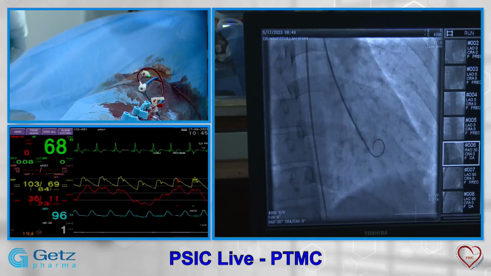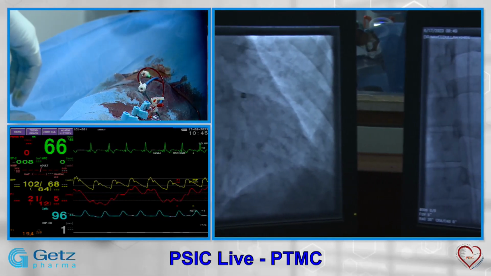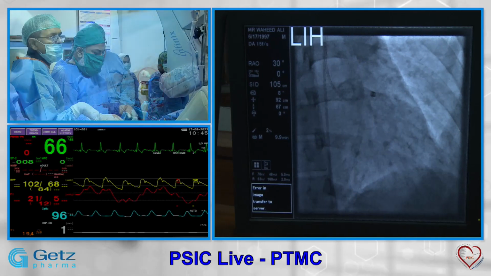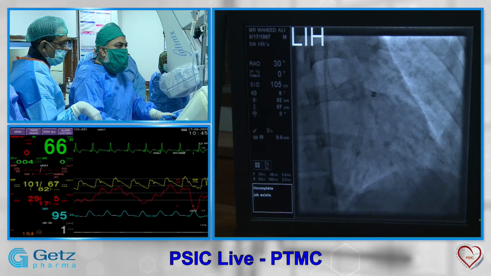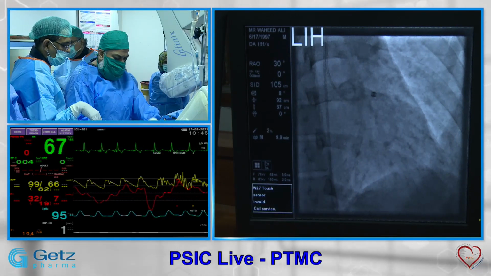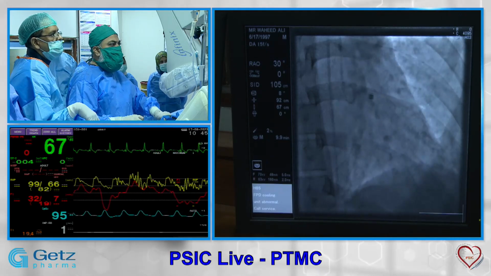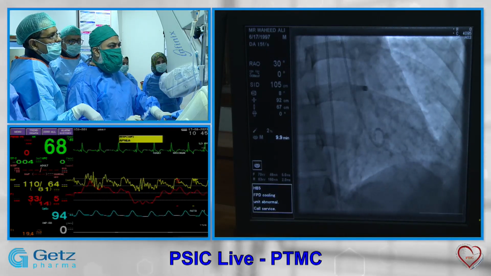Take the simultaneous pressure; the waveforms are varying. No, put it in the LV. Okay. So we'll take the simultaneous pressure and take the gradients.